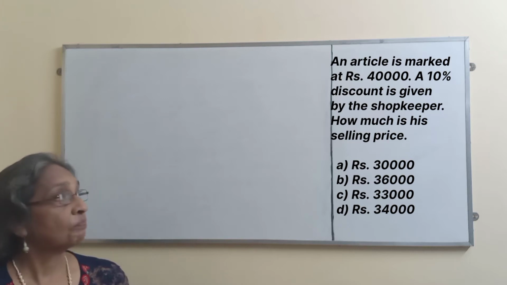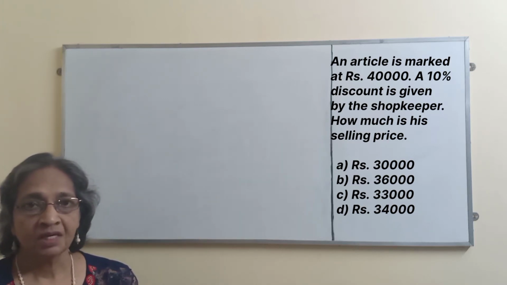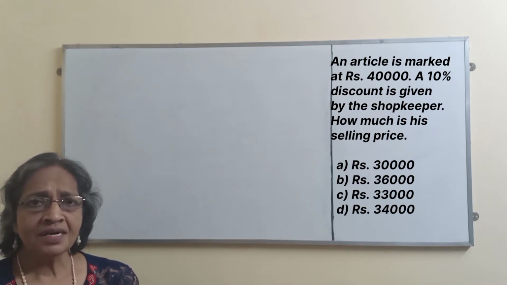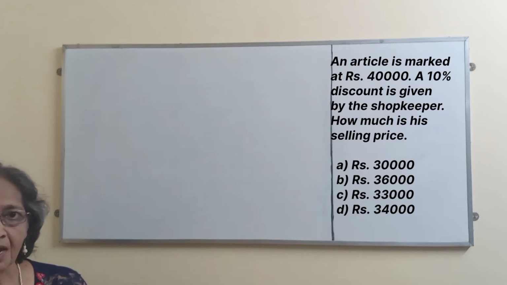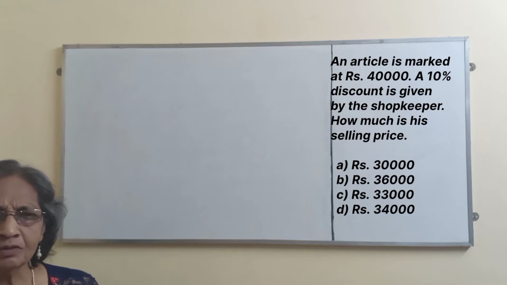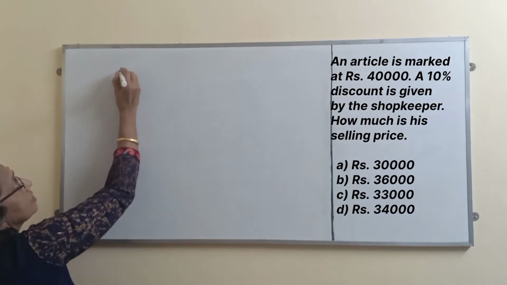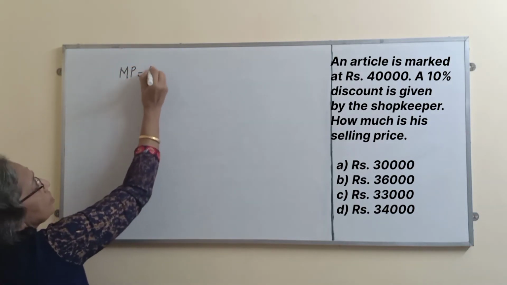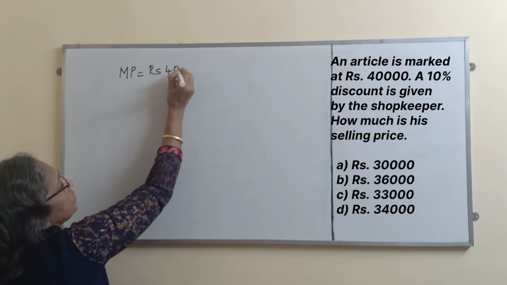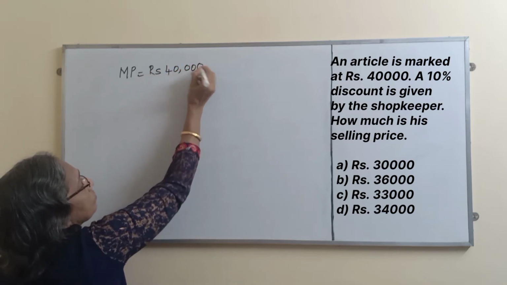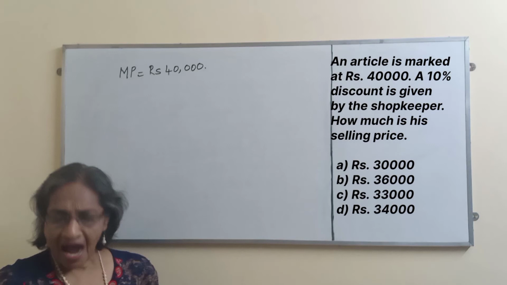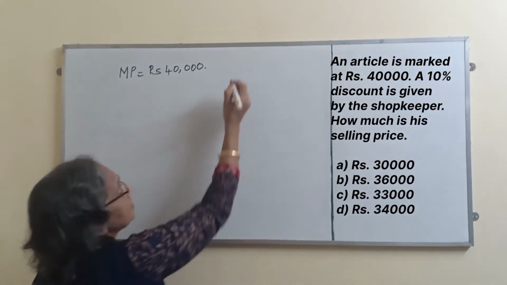Our next sum is on the board. An article is marked at 40,000. Okay, so there is some article whose marked price is rupees 40,000. Alright, and a discount of 10% is given.